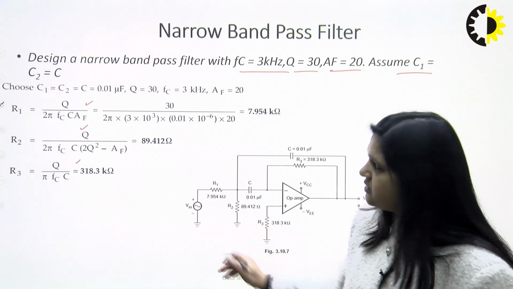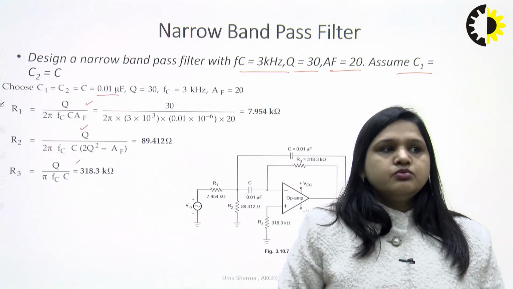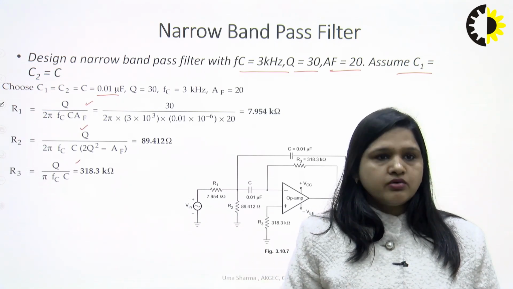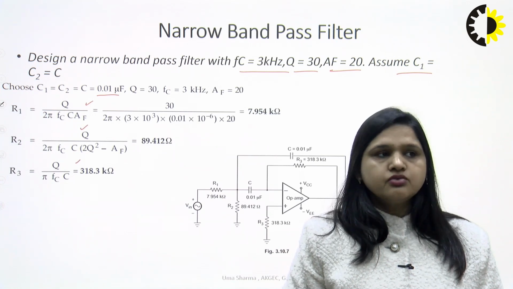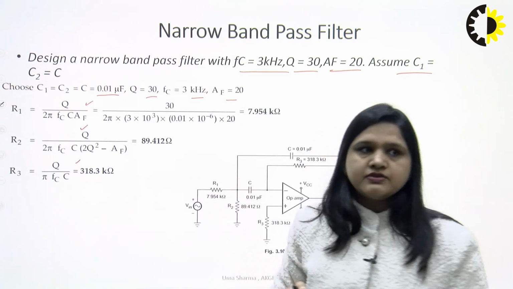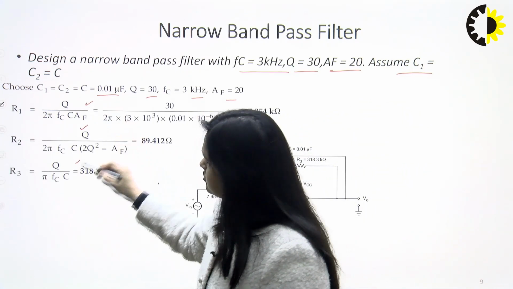So now select the value of C1, C2 equals C, and that equals 0.01 microfarad. Here I have considered 0.01 microfarad, less than 1 microfarad. You can select any value. Q is given, FC is given, and AF is given as 20. These are the formulas for R1, R2 and R3.